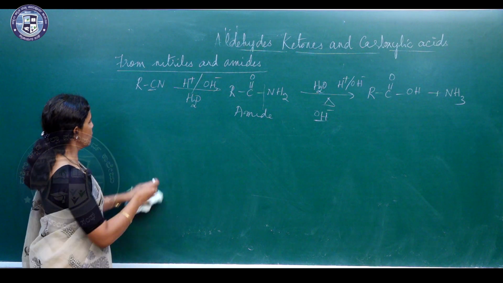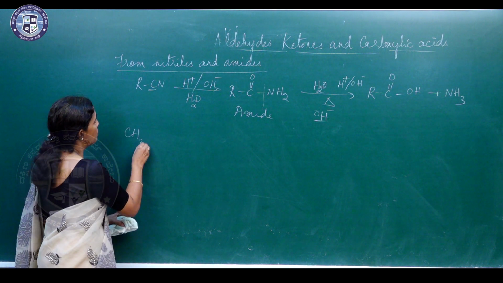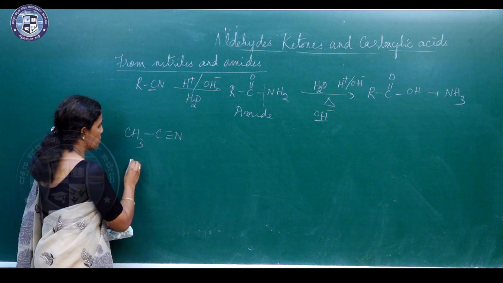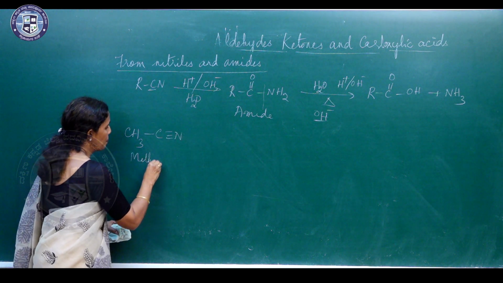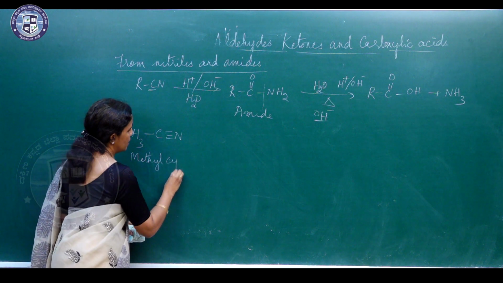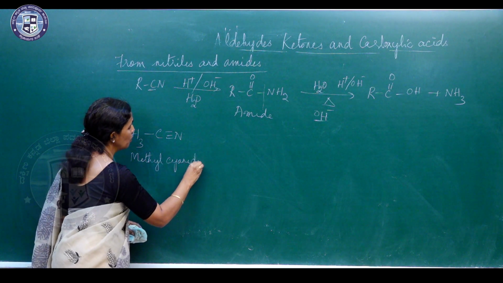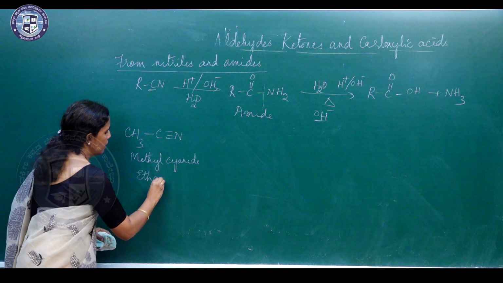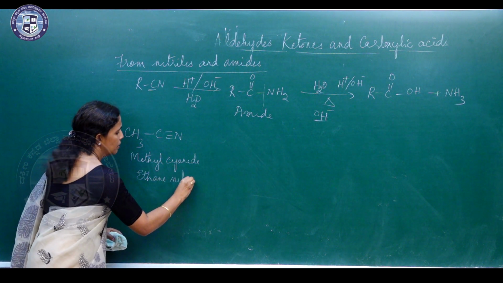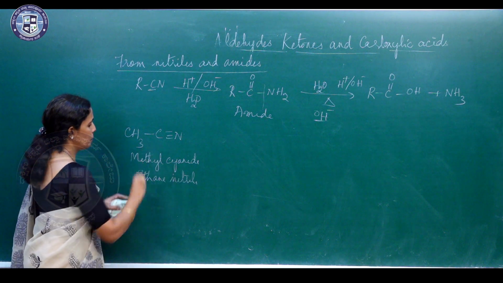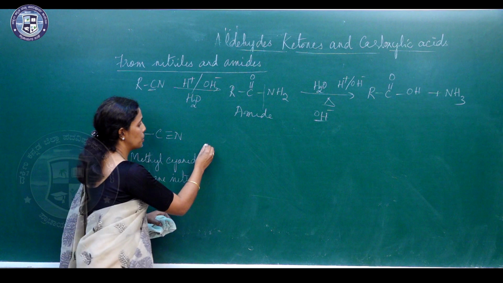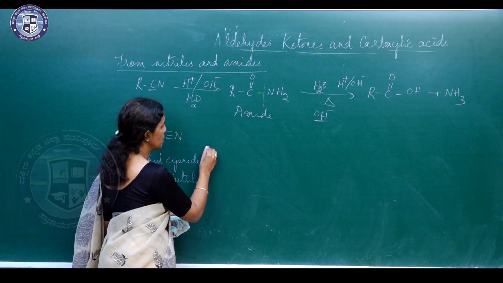So, let us take an example and see this reaction: CH3 C triple bond N. This is called methyl cyanide, or you can call it ethanenitrile, because there are two carbon atoms, it is ethane, and it has to end with nitrile because a nitrogen atom is present.